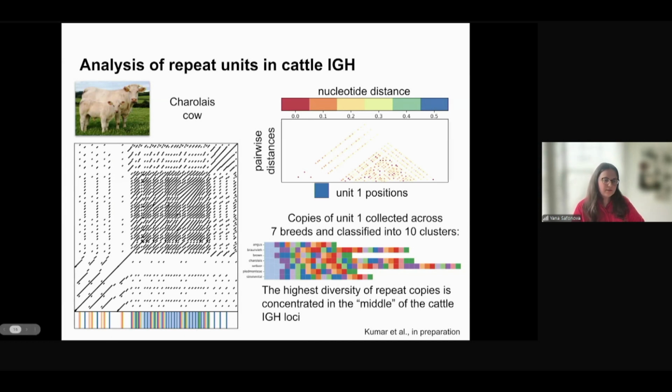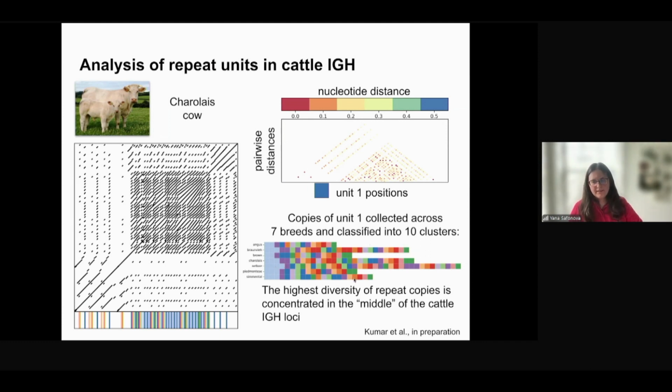If we extract this dark blue type of unit across different breeds, then we can see how similar they are and what their patterns of appearance in IGH loci are. Extraction of this unit across 7 breeds provided us with classification in 10 clusters, and we saw that the conservation of the clusters is high at the beginning of the locus.